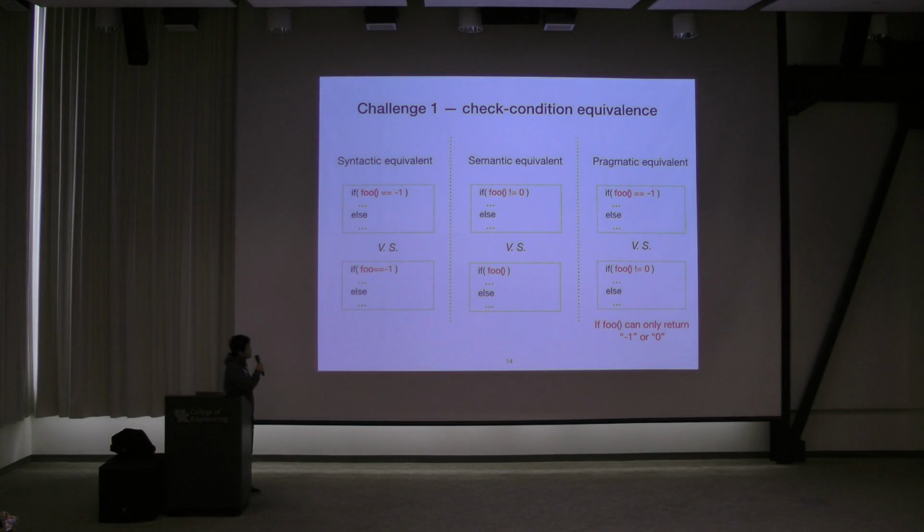The second level is semantic equivalence, which means these two conditions will always choose the same branch, whatever the function foo returns. The third one is pragmatic equivalence, which means these two conditions are equivalent only when the return value of the function foo is limited. For example, if foo can only return -1 or 0, these two conditions will be equivalent.